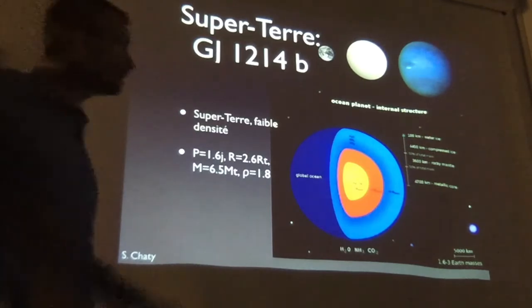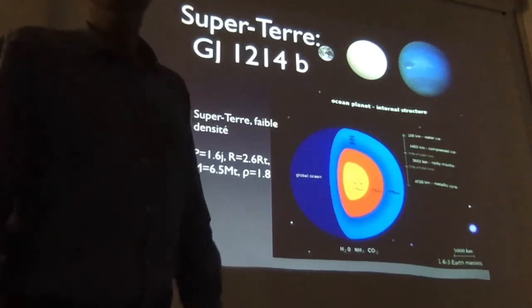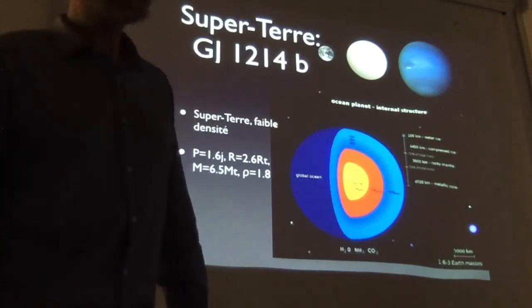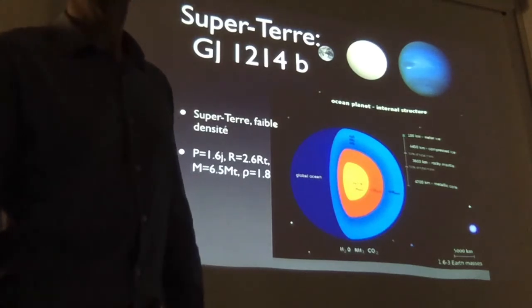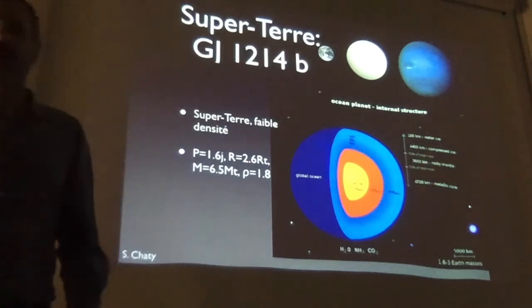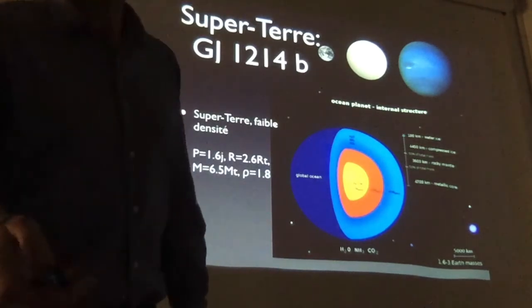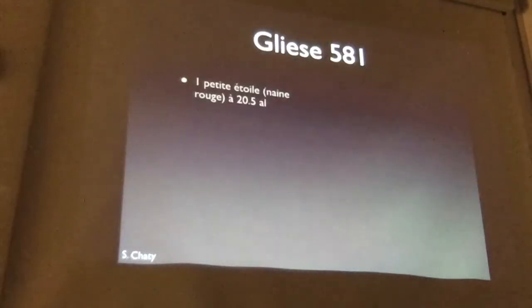So this comes out from the models. Probably it could exist because there is a lot of water, but this was to explain the structure of this planet and the density, which is much higher than the density of the Earth.